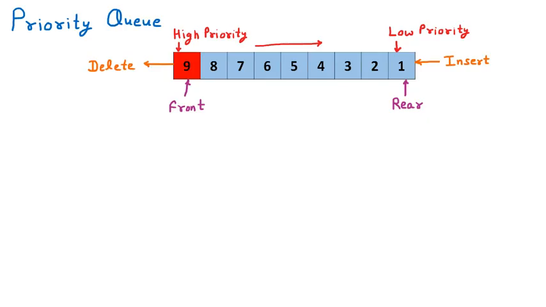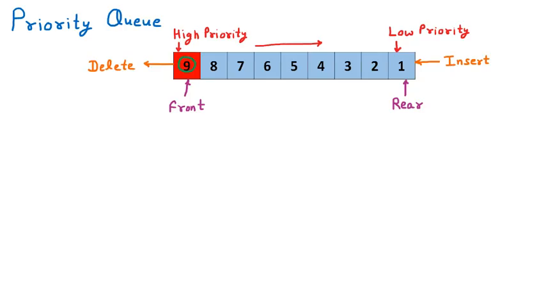That means the first chance for processing will be given to 9. First of all, 9 will be processed because it has the high priority, then 8, then 7, 6, 5, 4, 3, 2, 1, and 1, the lowest priority, will get the last chance.